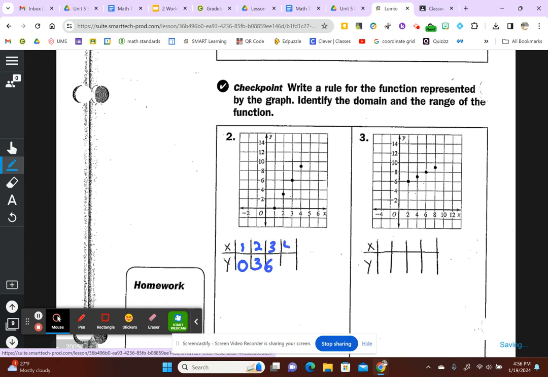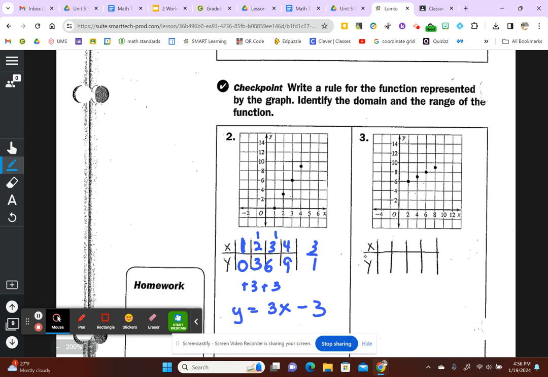And 4, 9. So my y's are going up by 3. So my multiplier, and this is going up by 1, so my multiplier is 3 over 1. So y equals 3x.